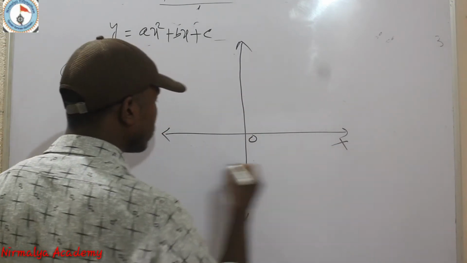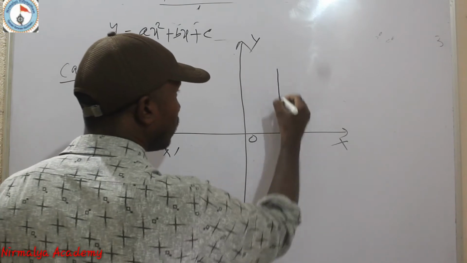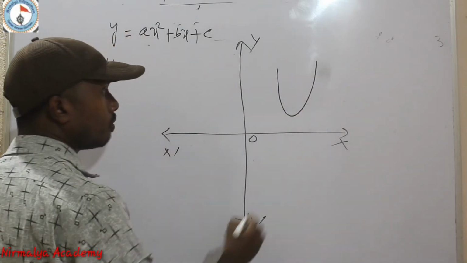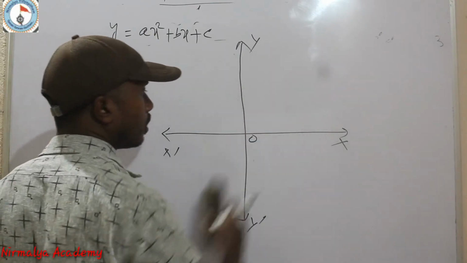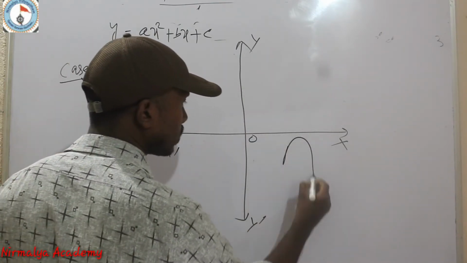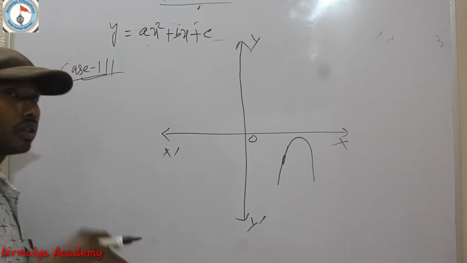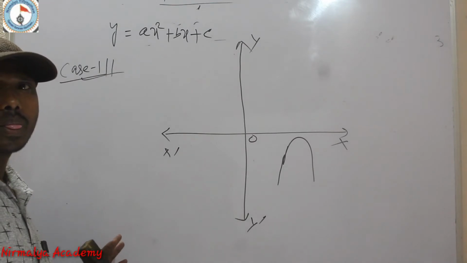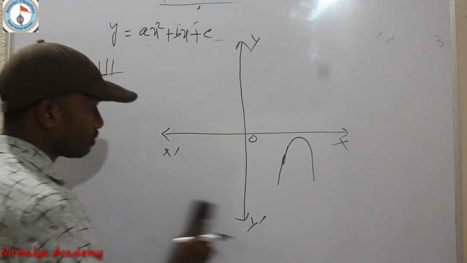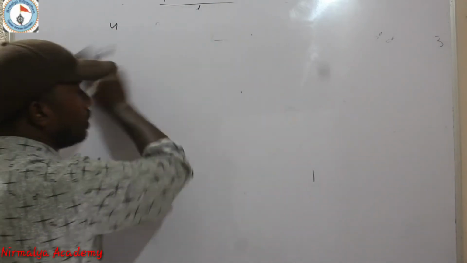It may be like this or just like this. In this case, the quadratic polynomial has no zeros. So these are the geometrical meanings of the zeros of polynomials.